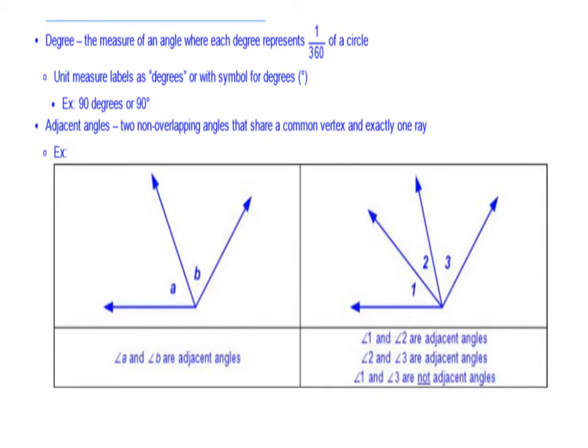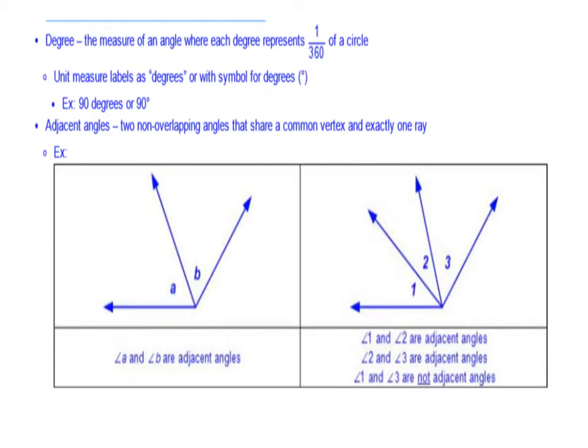Here we have angle A and angle B. The author tells us that angle A and angle B are adjacent angles because these two angles are non-overlapping, and they share this common vertex, and there's only one ray.